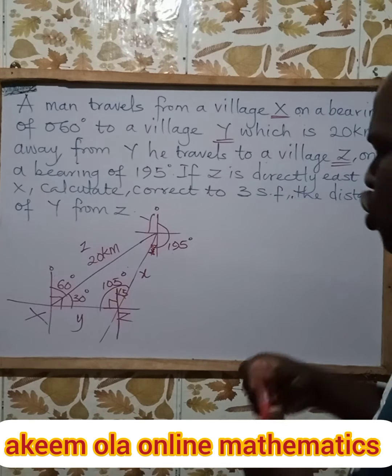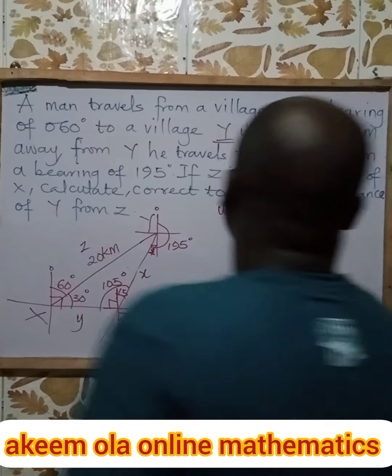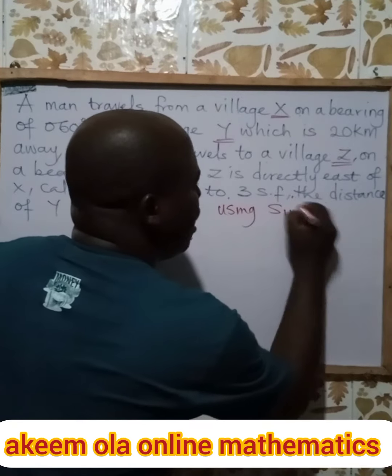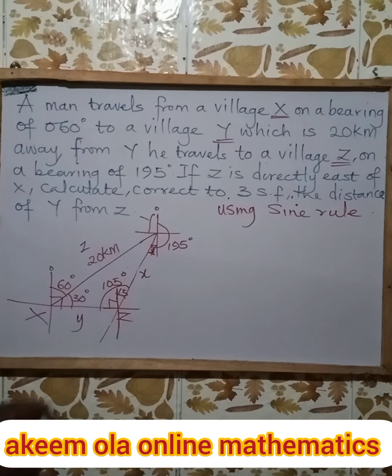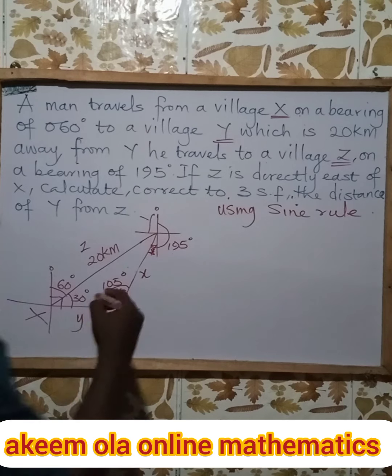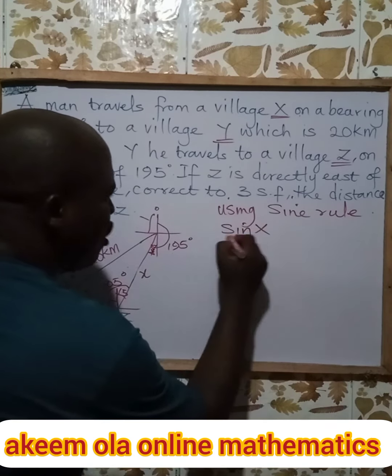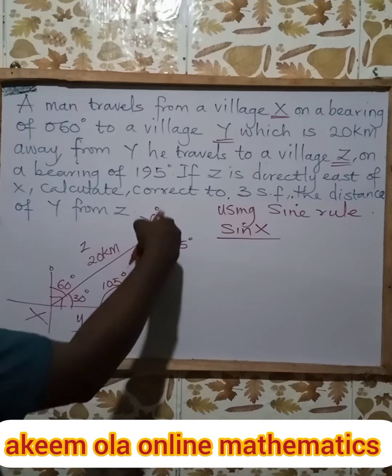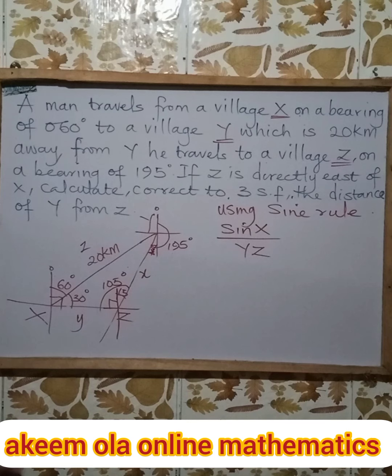So I'll write: using sine rule. Using the sine rule, I am going to name them according to what I have here. We have sine X all over the side facing it, which is YZ, that is what we are asked to find.